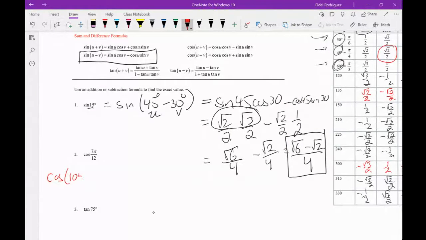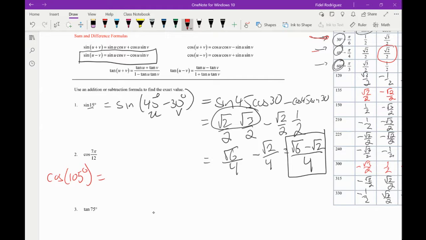Okay, so really what I'm trying to find here is the cosine of 105 degrees. Just like we did before, is there a way that we can come up with the number 105 using 30, 45, and 60? How can we come up with 105 using 30, 45, or 60, or a combination of those? Remember, we want to get 105.